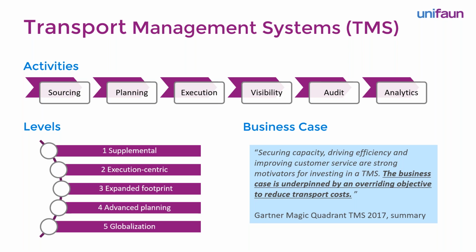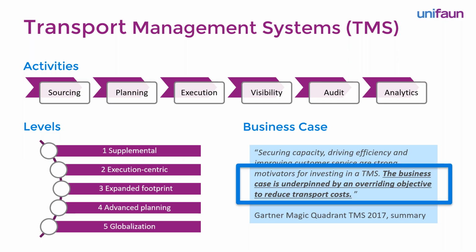And I think the main point we want to make with this slide here is that according to Gartner, and I would say also according to our own experience, when people choose to invest in a TMS, they often do it based on a business case driven by a transport cost reduction. There are other benefits for sure also, like operational efficiencies, saving time and so on.